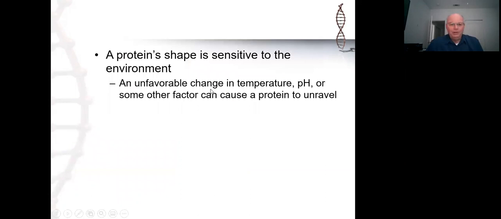And then I mentioned earlier the types of things that will cause proteins to denature, so the loss of shape.